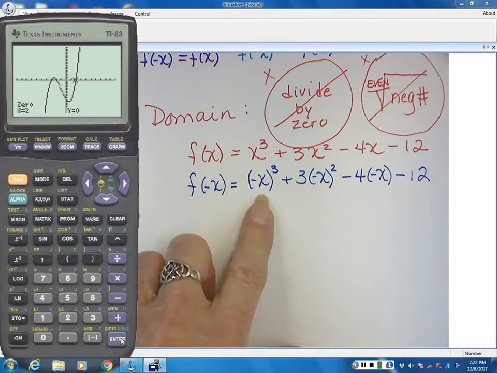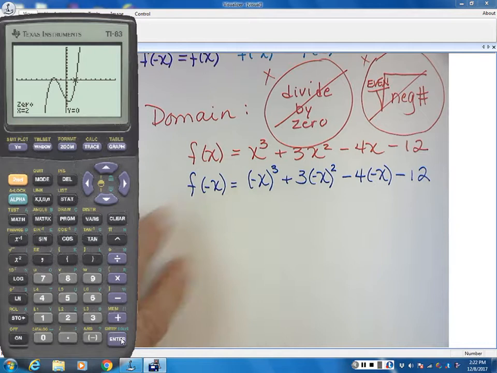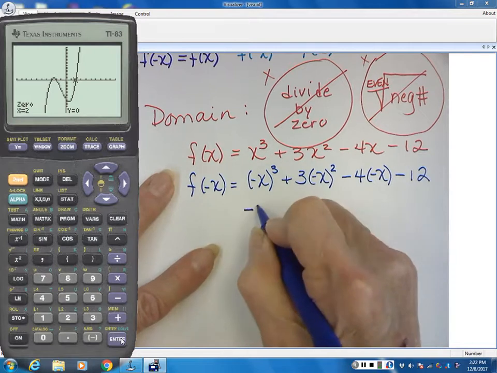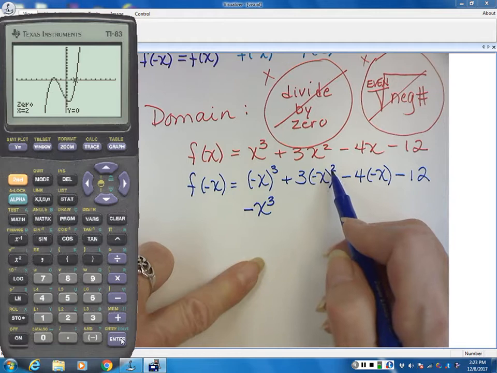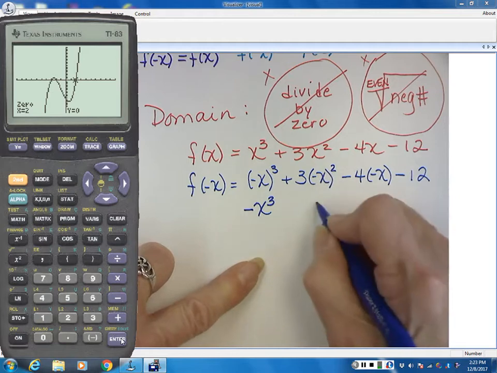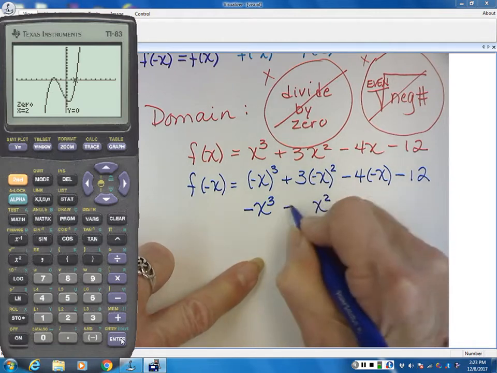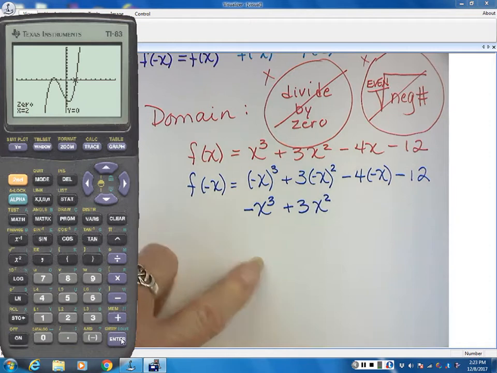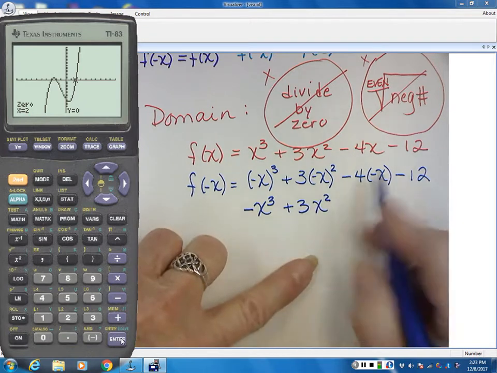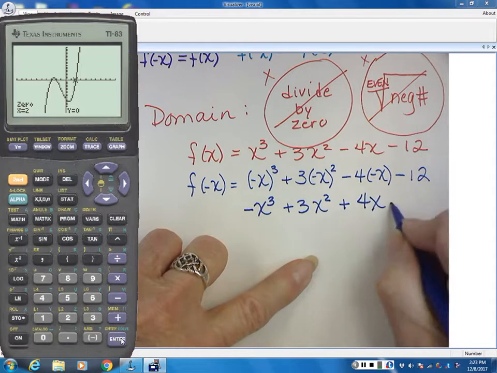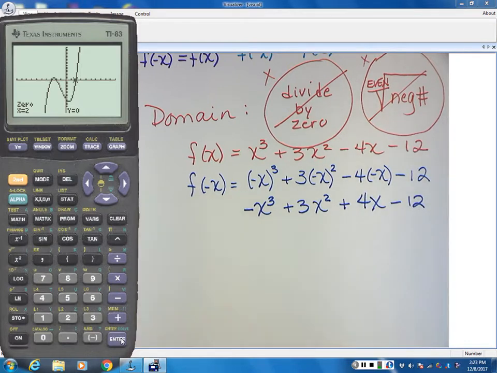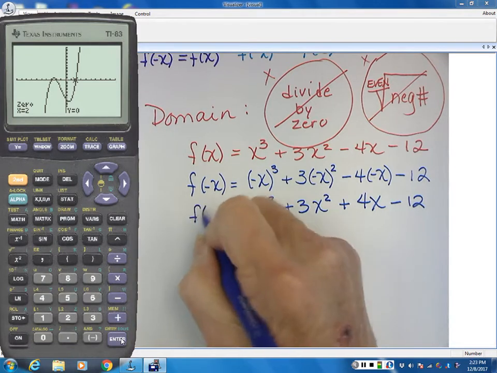Remember that negative x cubed is negative x times negative x times negative x, so that's going to be negative x cubed. Negative x squared, on the other hand, is just going to be x squared, and you're multiplying it by 3. Negative times negative is positive 4x, and nothing happened to the 12 because there was no x in it. So this is f of negative x.